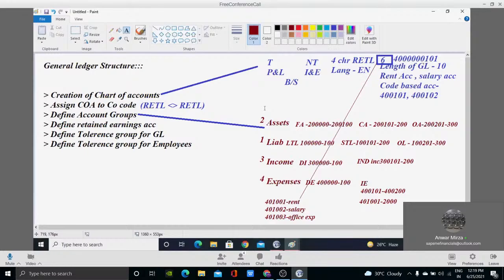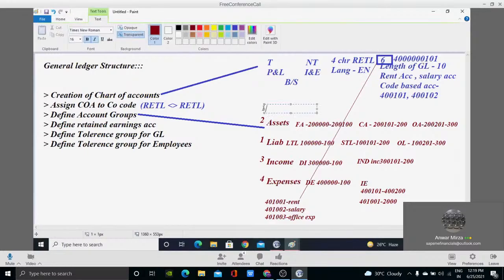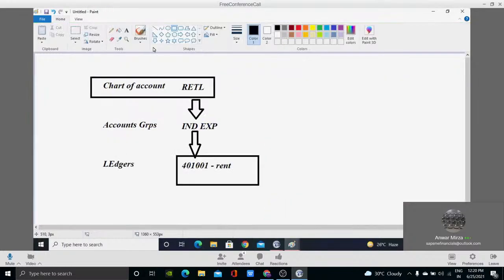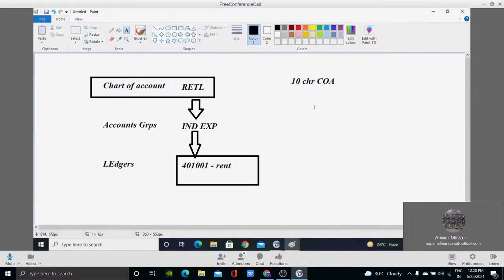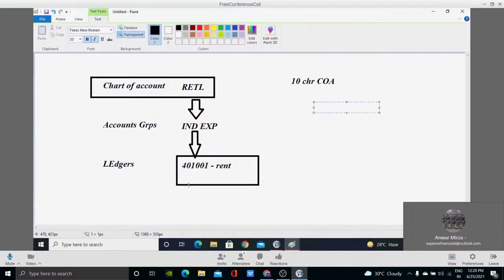Do you know how that account looks? Suppose, imagine how many characters this is? 401001, right? Let me use this page not to disturb that activity. Suppose I have selected 10 characters in my chart of accounts for the length of the account. Now what's my ledger here? Only 6, right?